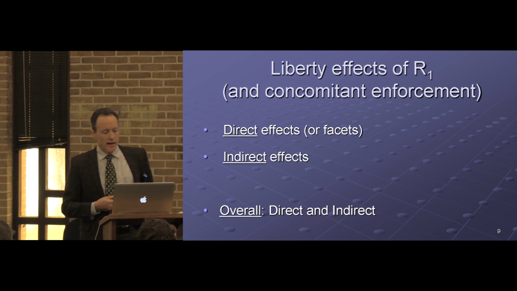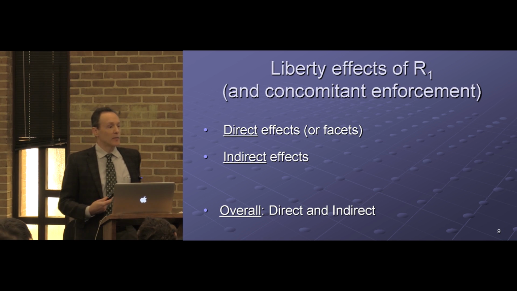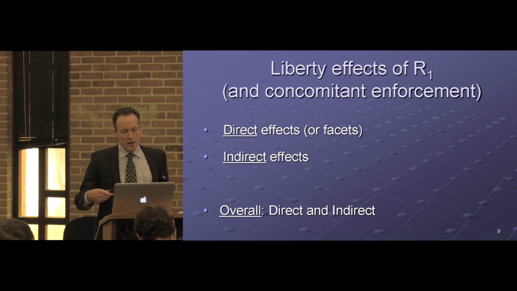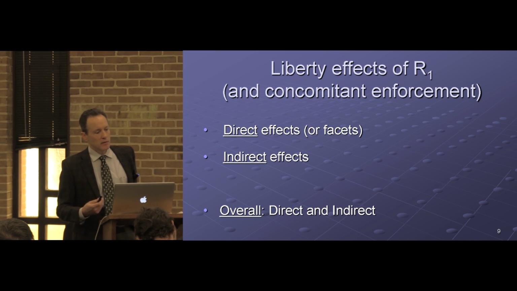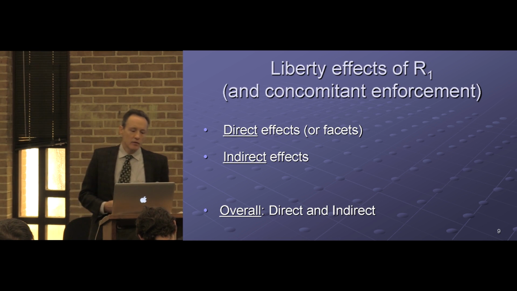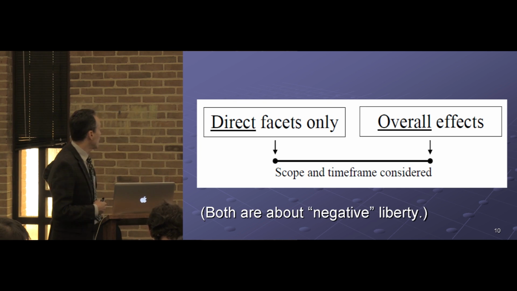So we have the direct effects, which are more or less inherent in the policy and its concomitant enforcement, which is sort of being presumed. And then there are other effects about what other people do, what happens in politics, and so on. You can kind of think of adding those up to get overall.